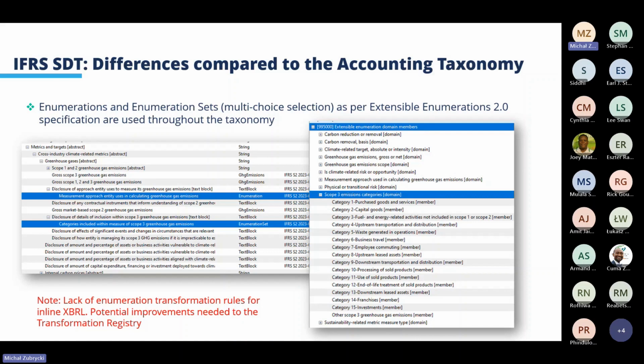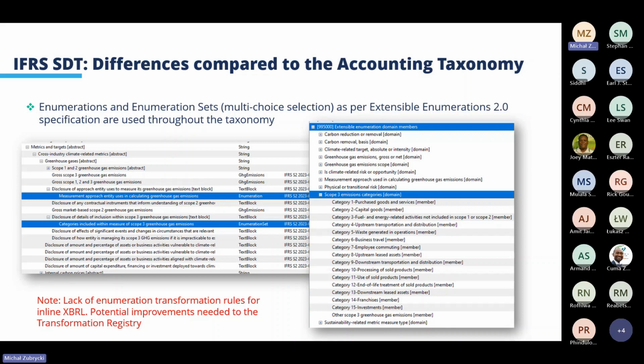This is something quite new in the IFRS space, but thanks to the CIPC and also looking into the future and applying those different specifications that are available, the extensible enumeration is not something new in the context of CIPC and South African reporting, because we have had the extensible enumeration since the very beginning, when the taxonomy was defined and published back in 2018.